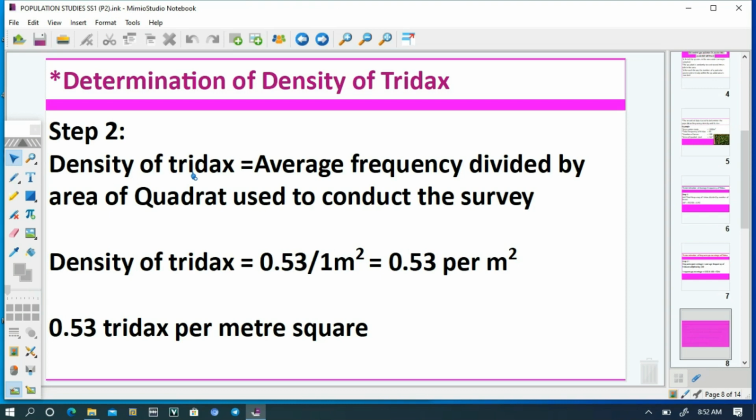The average frequency is 0.53 and the area of quadrat used is 1 meter square, and the calculation is 0.53, that is the average frequency of the Tridax, divided by the area of the quadrat, which is 1 meter square, and that will give us 0.53 per meter square. That is a total of 0.53 Tridax per meter square of the quadrat used.